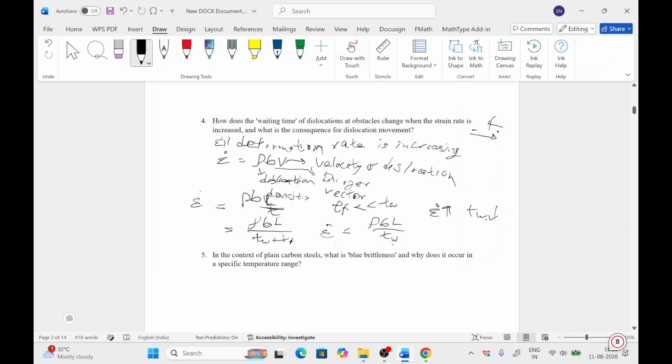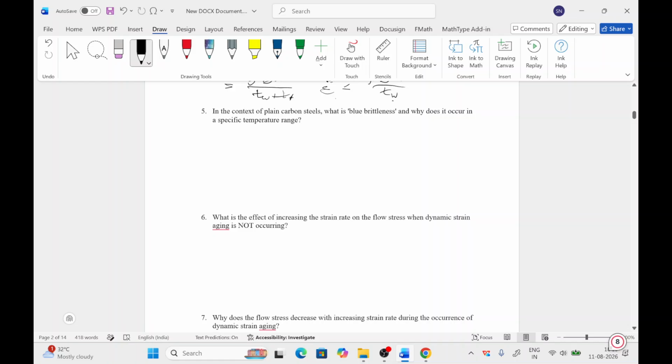Because the waiting time is less, the activation barrier is high, so the stress generally increases for the motion of dislocation to maintain the strain rate.